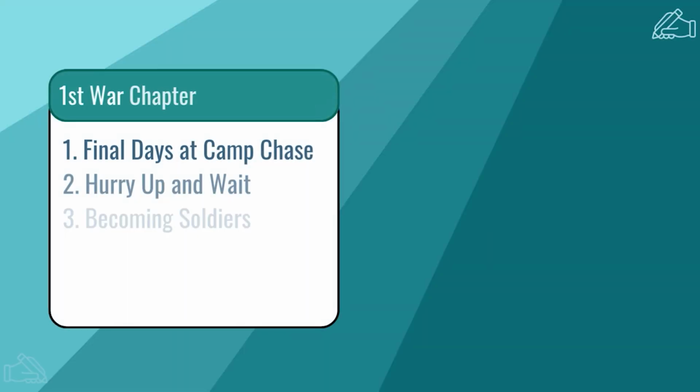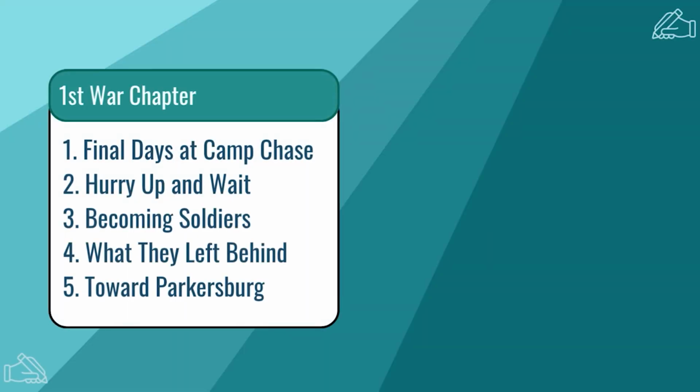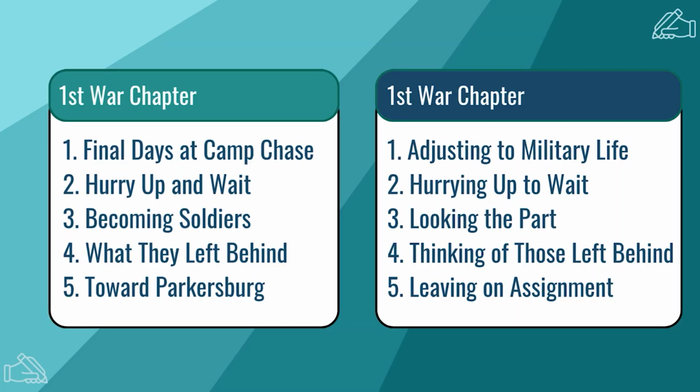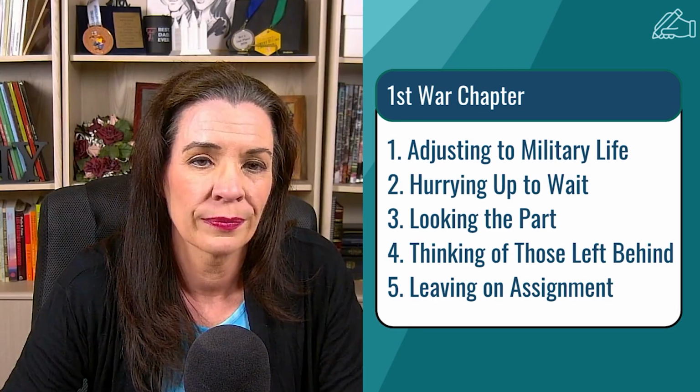Initially, I had these 5 subheadings in the chapter: final days, hurry up and wait, becoming a soldier, and so forth. What if we make it better? Let me know in the feedback if you like the second set: adjusting to military life, hurrying up to wait, looking the part, and so forth.